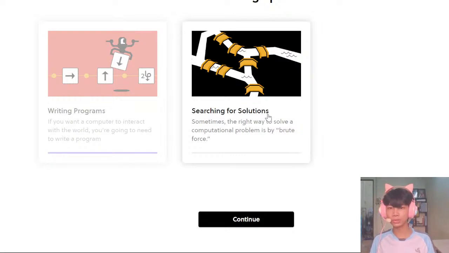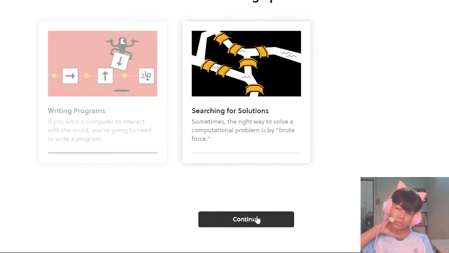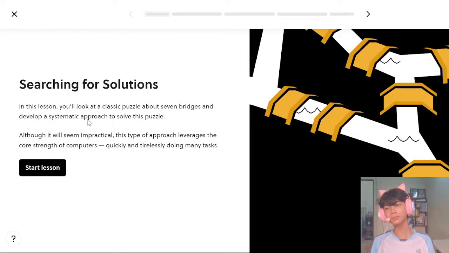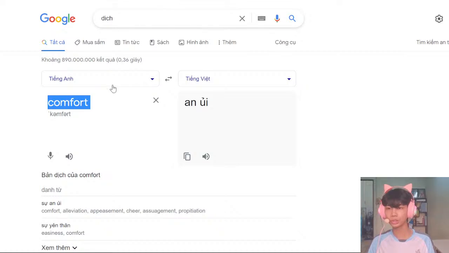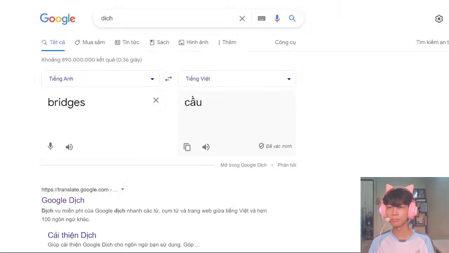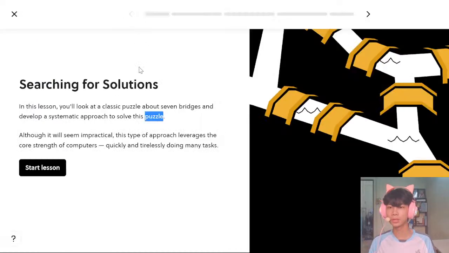Searching for solutions. Sometimes the right way to solve a computational problem is by brute force searching for a solution. In this lesson, you'll look at a classic puzzle about 7 bridges and develop a systematic approach to solve this puzzle.